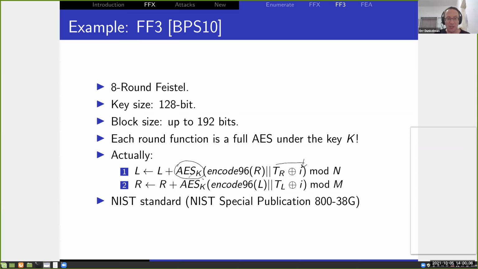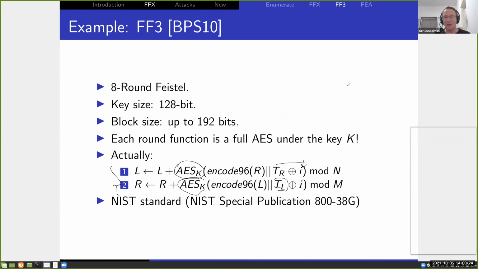The next round you do the same, with a slightly different part of the tweak and the round number, and you just repeat it 8 times. So actually these 2 rounds are repeated 4 times in total, and this was part of the NIST special publication 800-38G for format preserving encryption together with FF1.